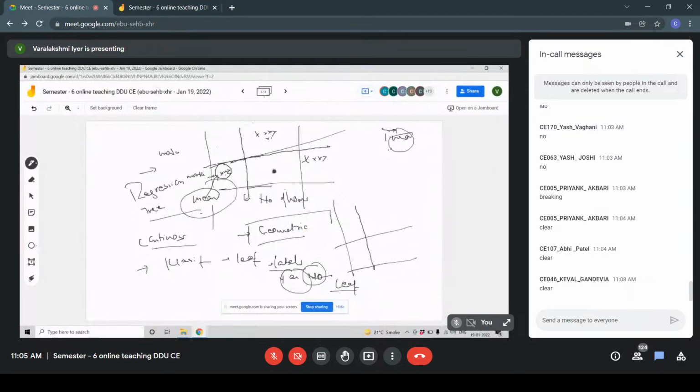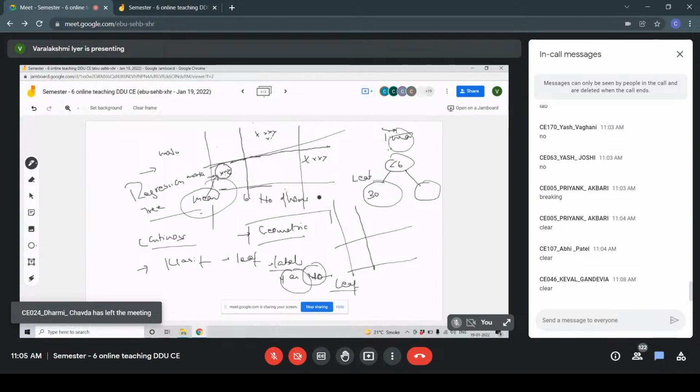So for example, if you create a decision tree based on number of hours, it could be like this. If the number of hours is less than 6, the leaf node value will be the average marks, for example 30. Similarly, for greater than 6, we may use another feature to estimate.